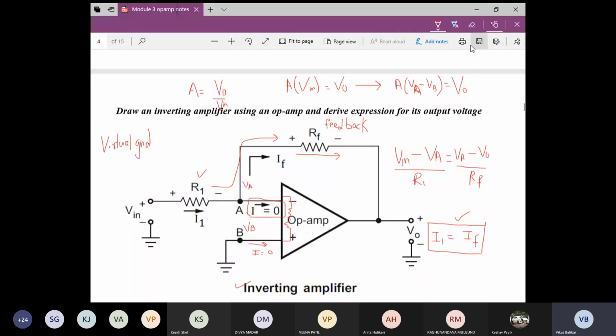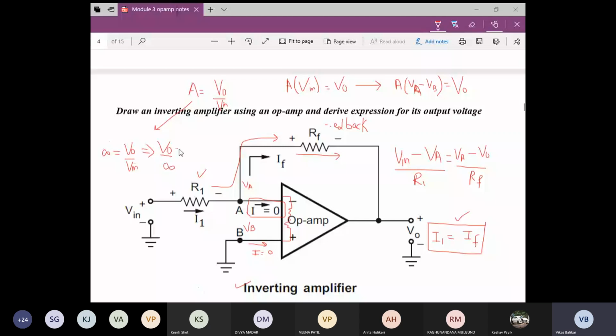So because gain is infinite, can I write it this way: infinite is equal to V naught by V in, or V naught by infinite is equal to V in.